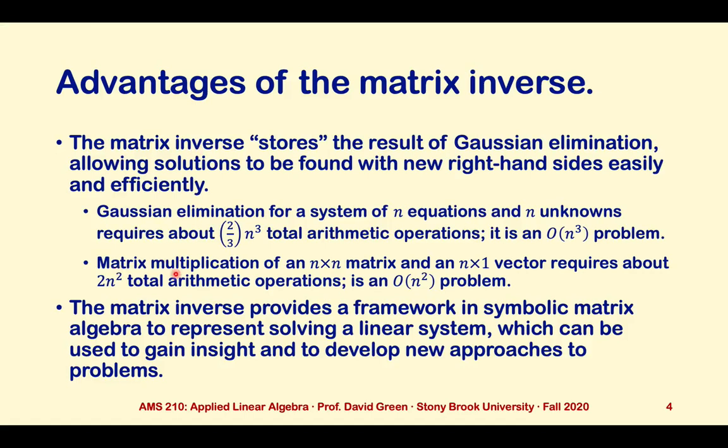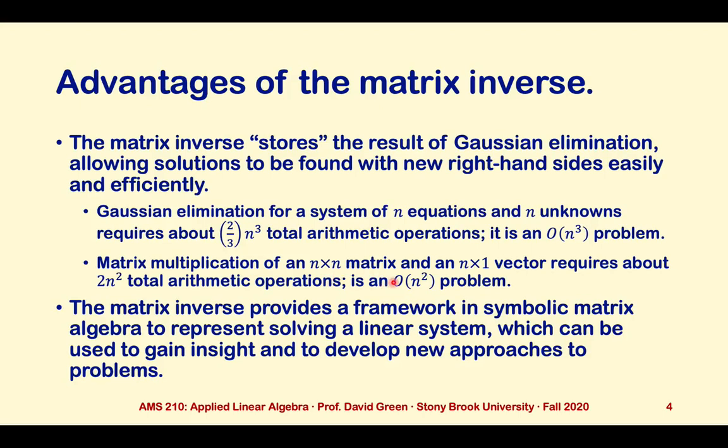On the other hand, to multiply an n by n matrix with an n by 1 vector, like we would need to do to find a solution with the matrix inverse, only requires about 2n squared total arithmetic operations, additions, multiplications, and so on.